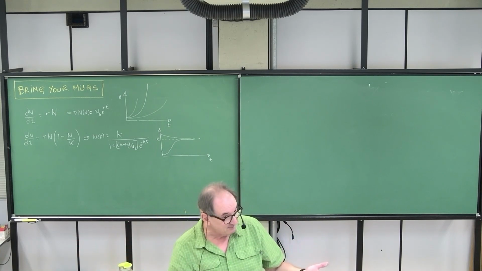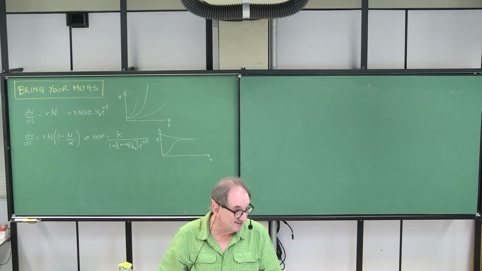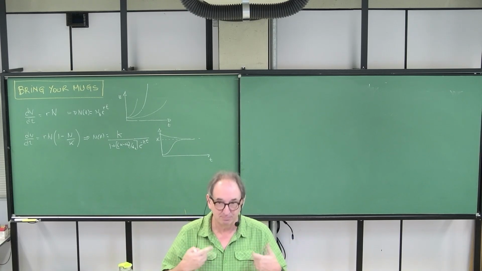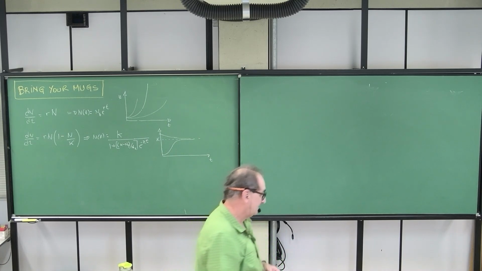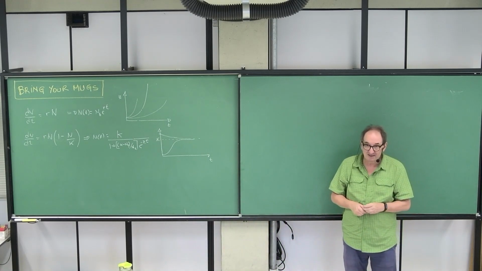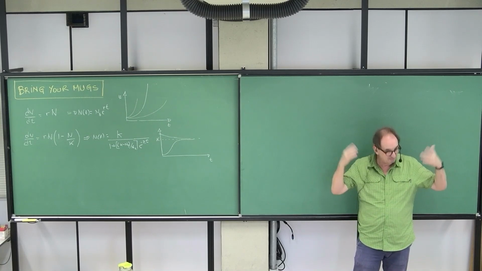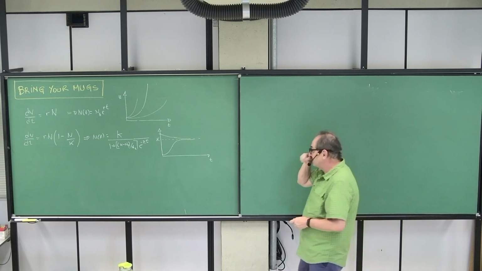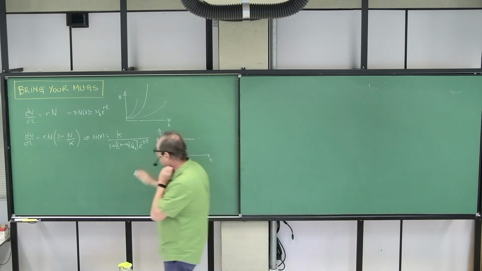This can happen, and we will see this when we discuss predator-prey and competition models, which are not single species but two species models, and that will be our topic in the near future.